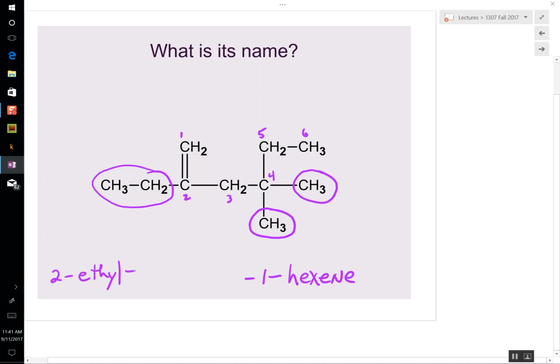All right, and then what do we do with our last two substituents there? 4, 4. 4,4-dimethyl. We've got a di, so we need two numbers. 4,4-dimethyl-1-hexene. And there's the name. You can see some of these molecules were hand-picked.